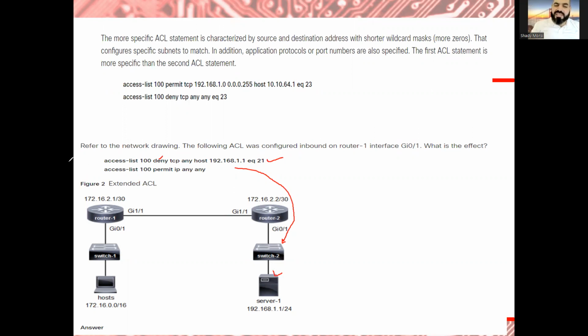The second line says access list 100 permit any. After this one, I don't care about any IP address, because I said IP any, which means I will allow any kind of traffic. The first line denies certain traffic. The second line allows all sorts of traffic, because I mentioned IP here, not TCP.